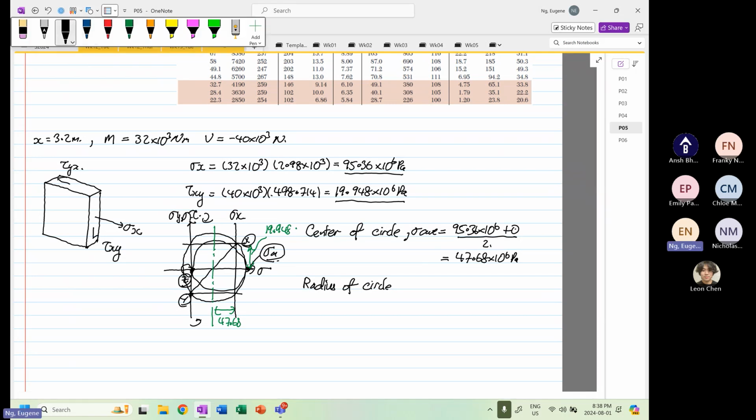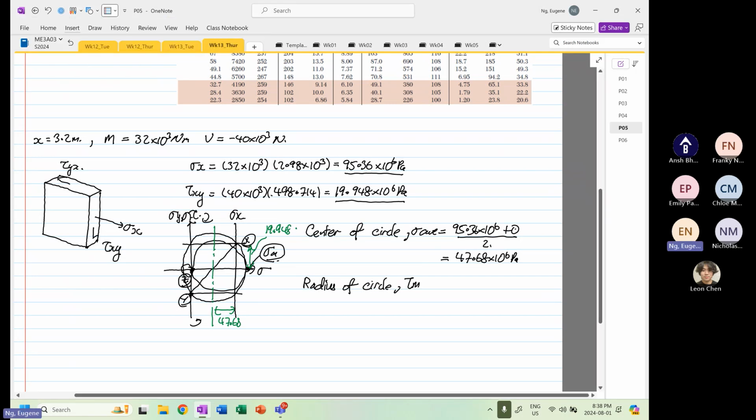So we can find our radius. From here, this is our tau max, so this is equal to the square root of 47.68 times 10 to the power 6, squared, plus 19.948. I should not rush. Okay, I'm rushing.